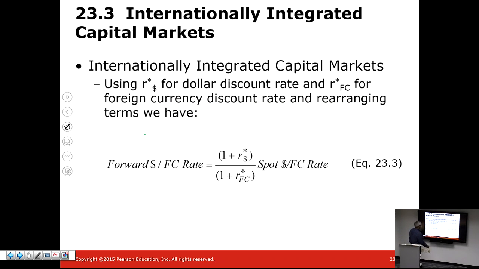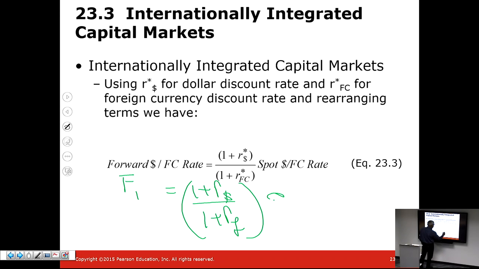If I rearrange the math, the forward rate is 1 plus the dollar rate divided by 1 plus the pound rate, the whole thing multiplied by the spot rate. The spot rate and the forward rate are both given in dollars per foreign currency.